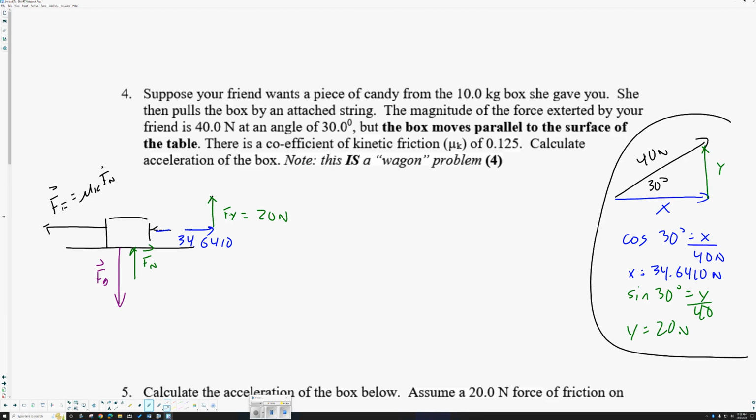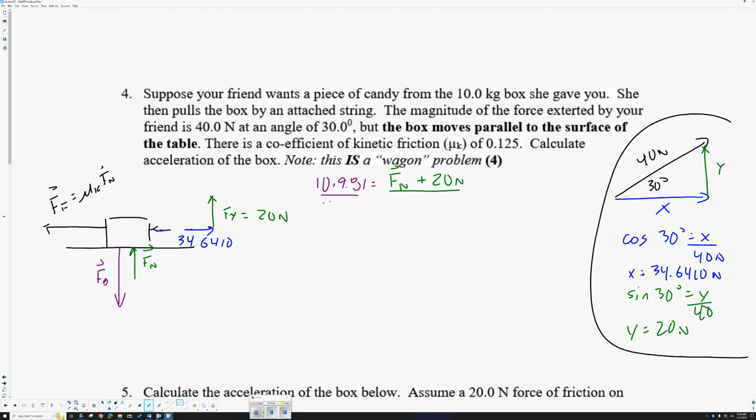So let's say the force of gravity acting down, which is 10 times 9.81, is equal to the normal force acting up plus the y component of that applied force acting up. So the total downward force is equal to the total upward force.